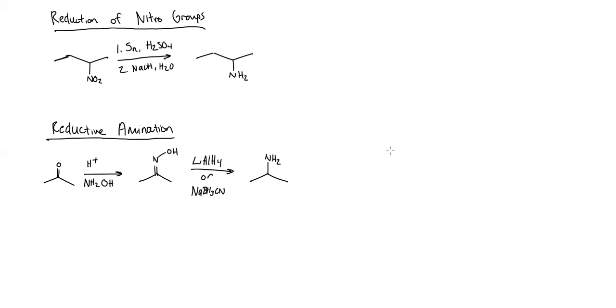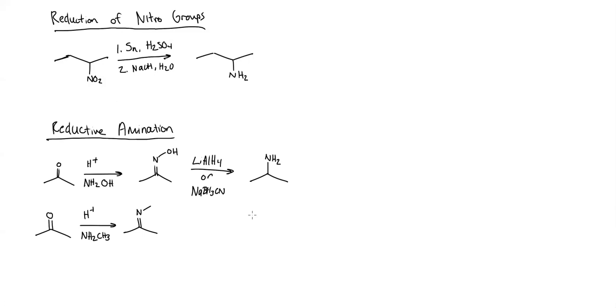Imines as well. I can also reduce imines to get a secondary amine. So if I want to take some imine here, so in the first step, again, we're throwing in some acid, and then this molecule to give me an imine. So this is my imine.